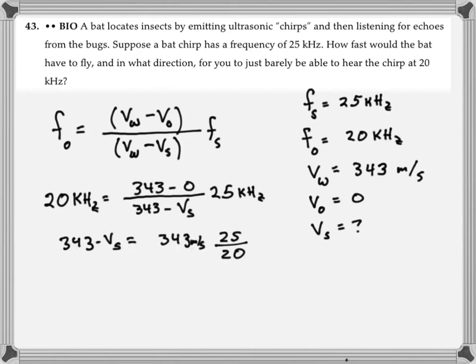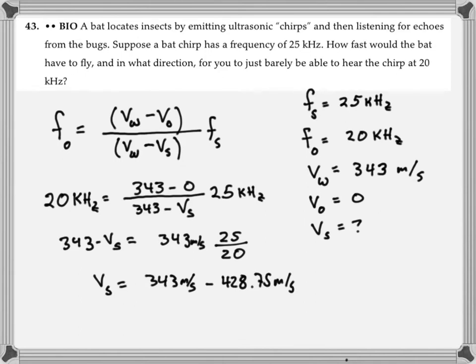So we're trying to solve for Vs here. The denominator of that fraction on the right-hand side, we're going to multiply on both sides of the equal sign by that. So 343 minus Vs ends up on the right-hand side. And we're dividing by 20 kilohertz. So we get 343 times 25 divided by 20, where we have canceled the units already.